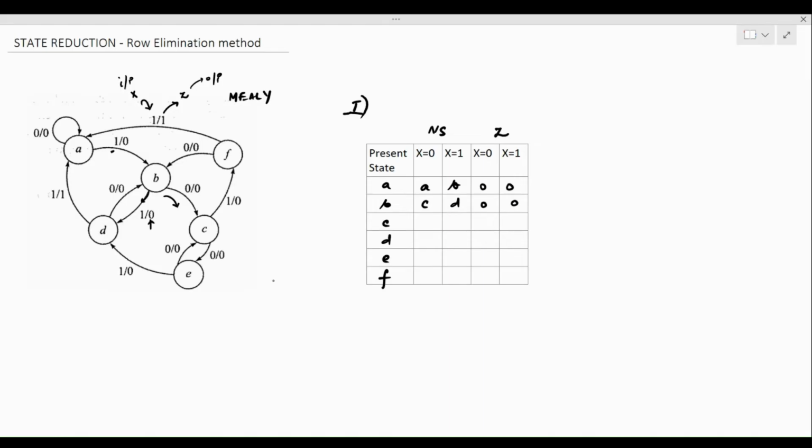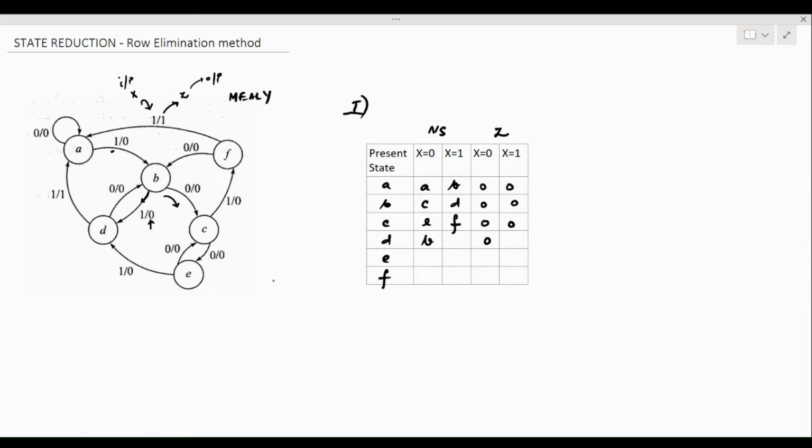Let's look at state C. From state C, when we get an input of 0, it goes to state E. The output remains 0. And for 1, it goes to state F and the output remains 0. Now let's move on to state D. For state D, for 0 input, it goes to B. The output is 0.